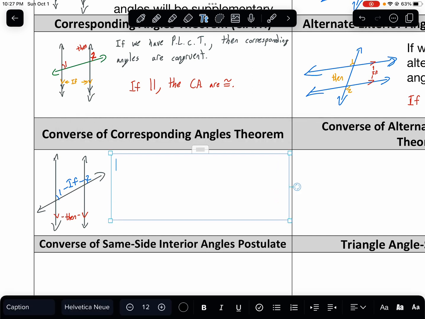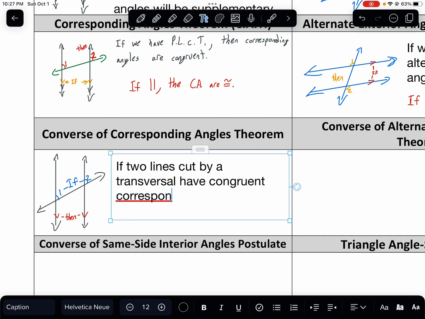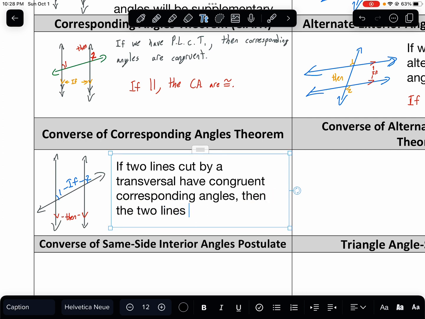If two lines cut by a transversal have congruent corresponding angles, then the two lines are parallel. Boom. That's our if-then statement.